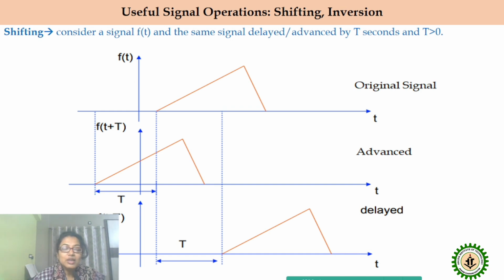So when I shift the same signal to the left side, say the signal starts at 9:30, shifting a signal to the left side means the advancement of the signal. Shifting a signal to the right side means a delayed signal. It will be easy if you consider it by time.